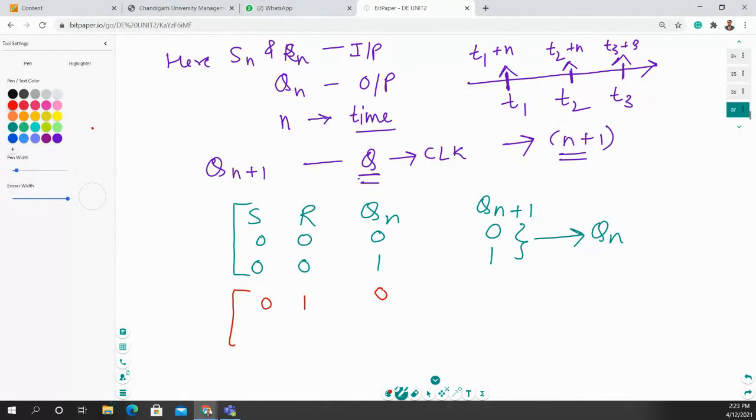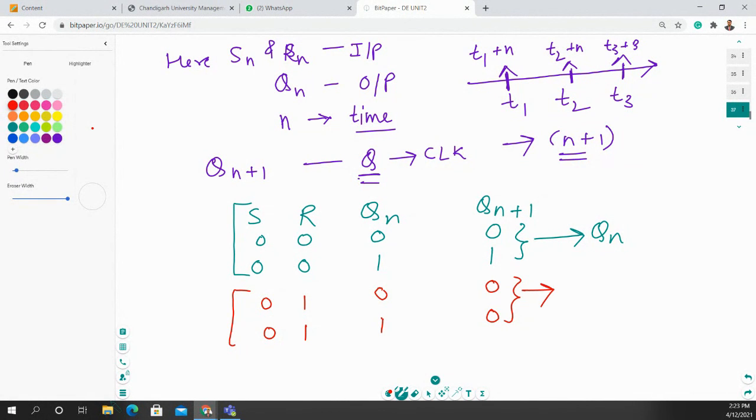Qn is 0. Now again, when you apply this 0 1 input and Qn changes for the next state to 1, what should be the output? The output should remain as 0.